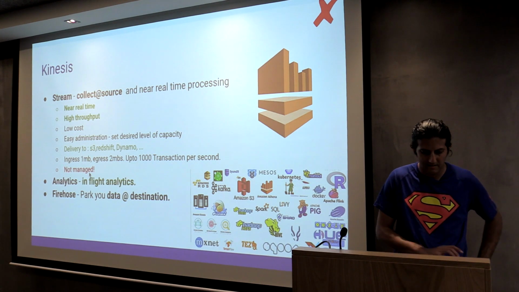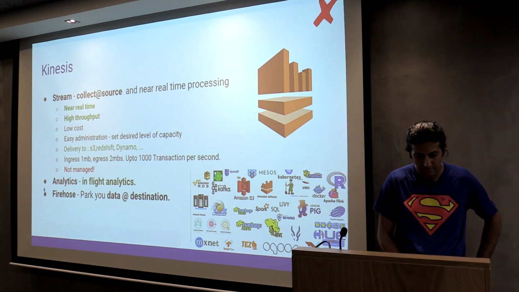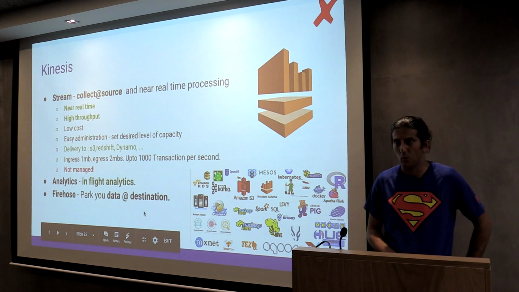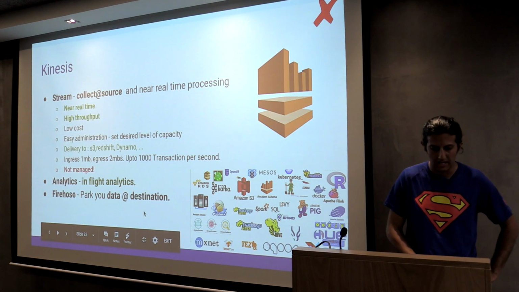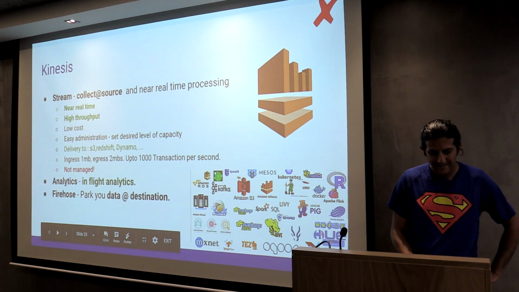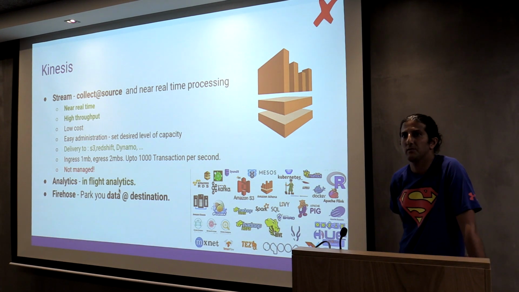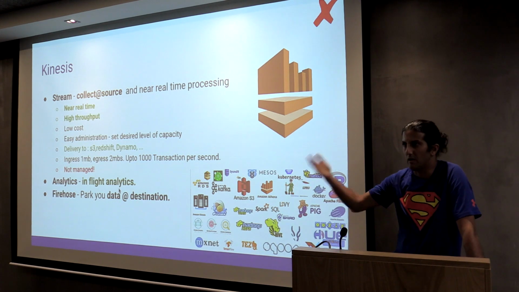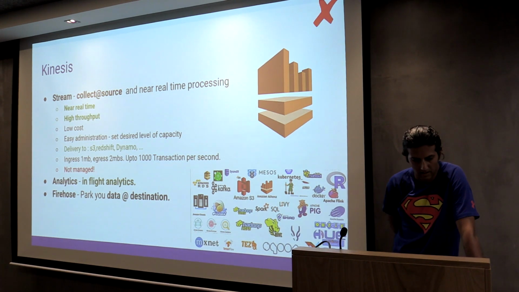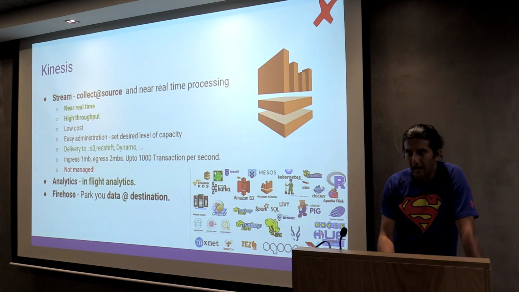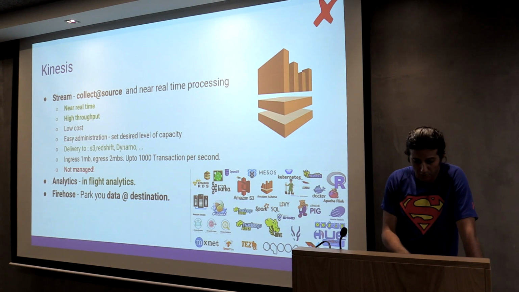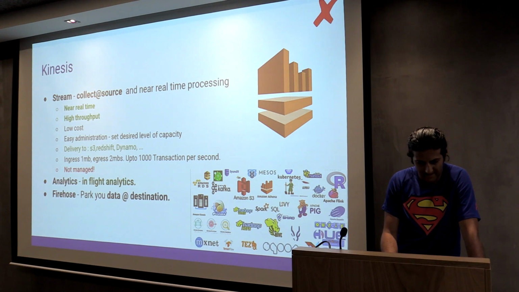The downside, it's not managed, at least compared to Firehose, which is quite simple and you don't have to do anything. Kinesis Analytics allows you to do some in-flight analytics. We used that to do some filtering for events that come into us, but after a while we removed it, so it should be red, but I forgot to fix this.